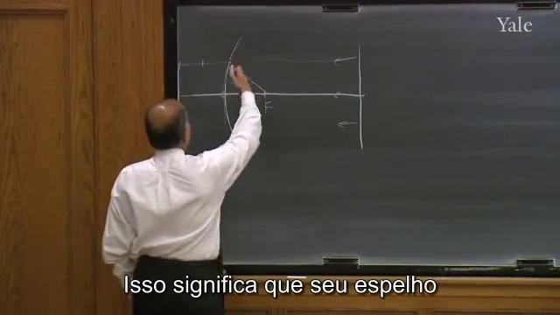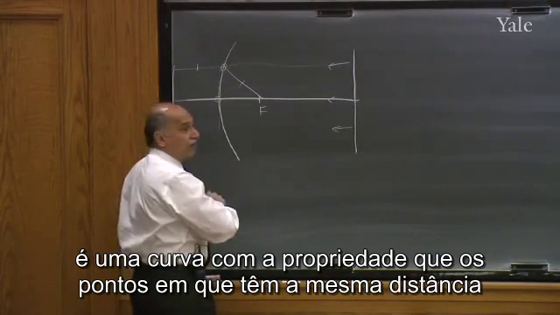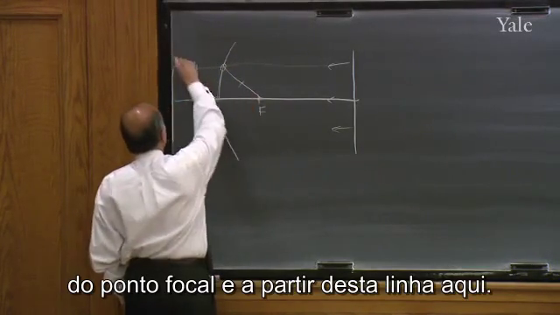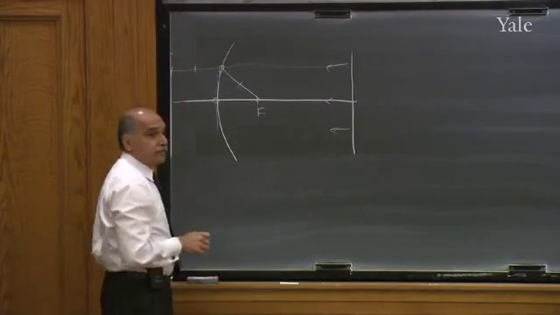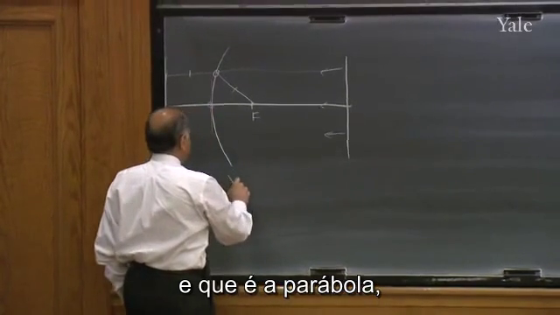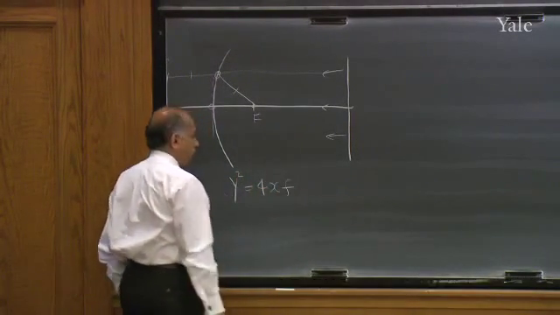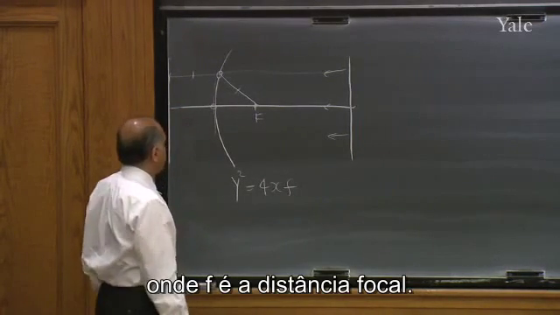That means your mirror is a curve with the property that points on it have the same distance from the focal point and from this line here. And there's a name for that curve, and that is the parabola, and it satisfies the equation y squared equals 4xf, where f is the focal length. I derived that for you.